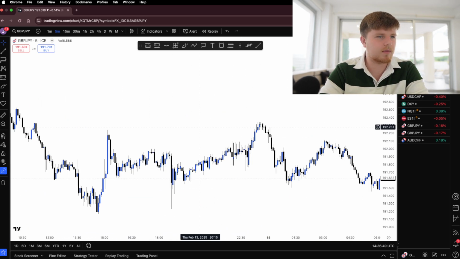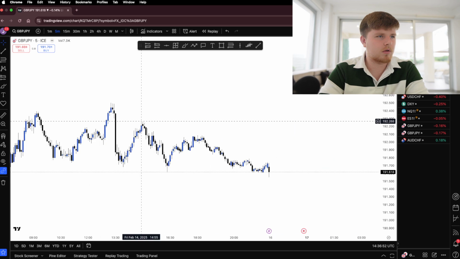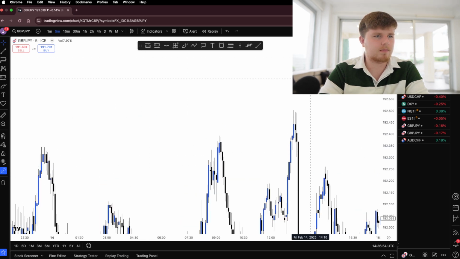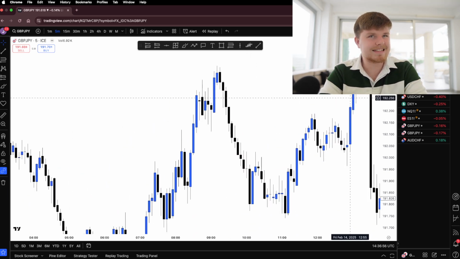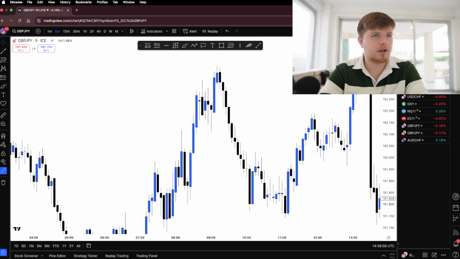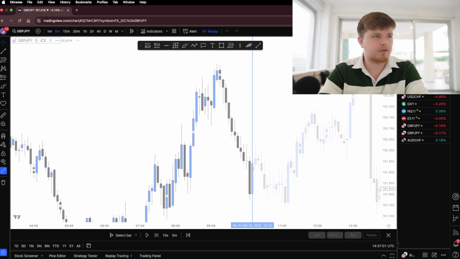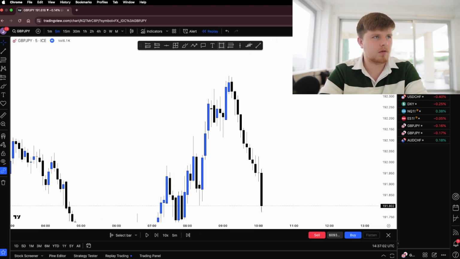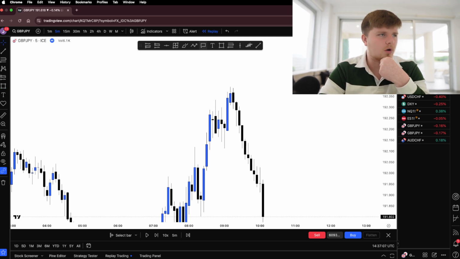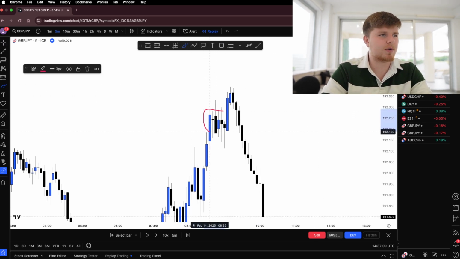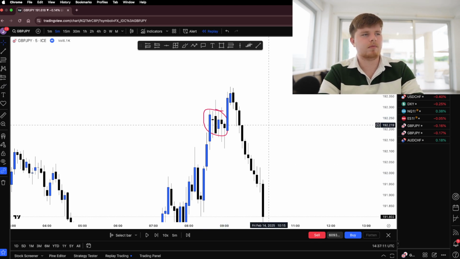On Friday. Let's just find out where it is. Okay, right here. This is literally a trade I took on Friday. Made me 3%, okay? 3.2% to be precise. So, what do we have? We have nice sideways price action like this, okay?